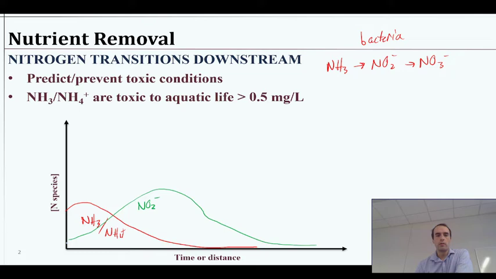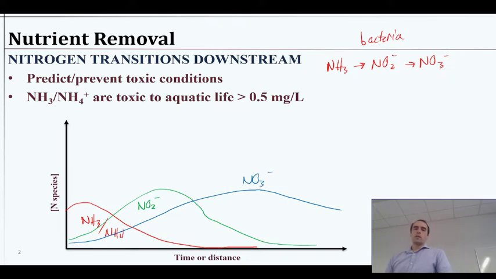And nitrate is the safer, more stable one, and in fact will probably remain mostly as that. So maybe it'll look something along those lines. Eventually, some bacteria could take nitrate into nitrogen gas. That's a particular scenario, and you usually have to have anoxic conditions.